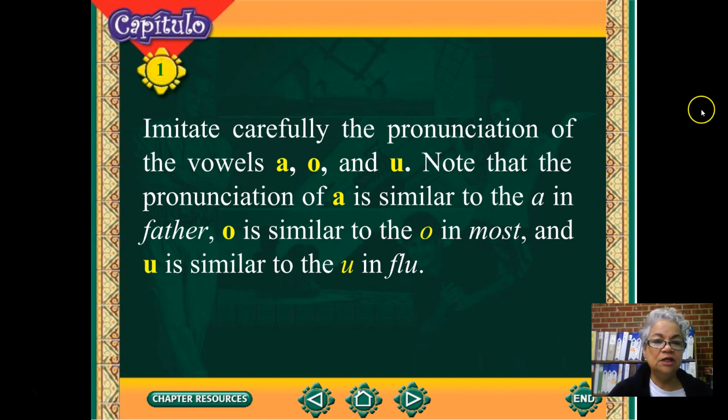So you're going to do the following slide. Just try to imitate very carefully the pronunciation of the a, o, u. Remember that your A is going to sound kind of like the A in father. The O is going to be similar to the O in most. And the U is going to be similar to the U in flu.